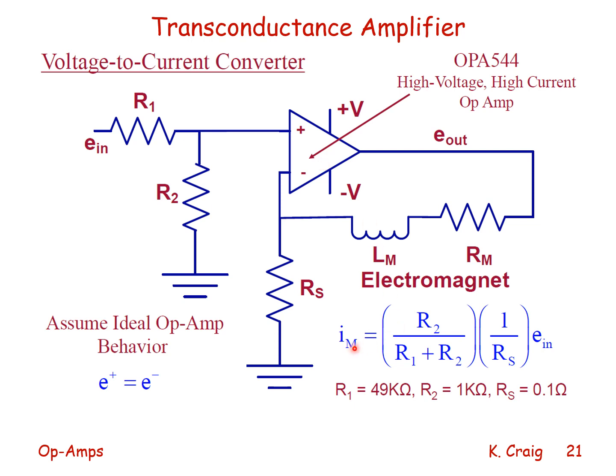So I see that the current flowing through my electromagnet and then through the sampling resistor is equal to the voltage divider ratio times 1 over RS times E in. And this assumes ideal op-amp behavior.